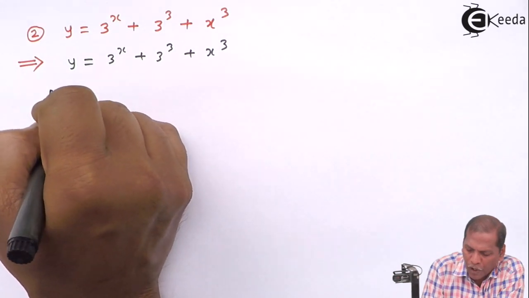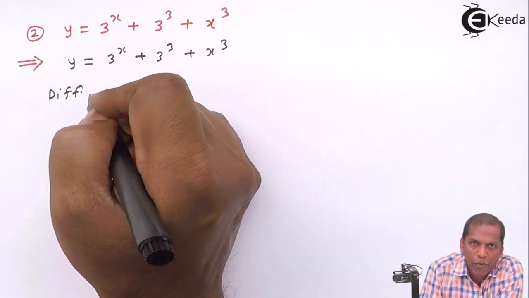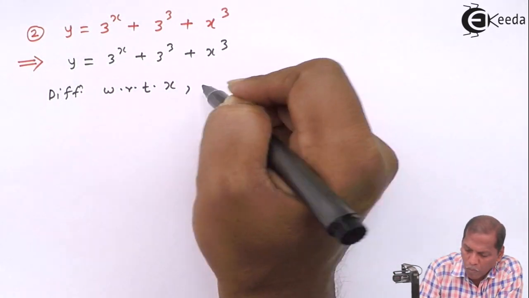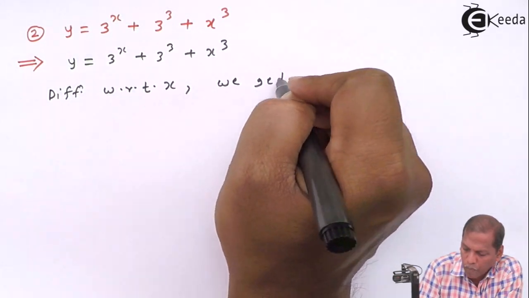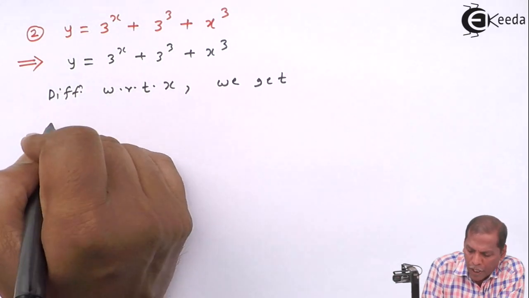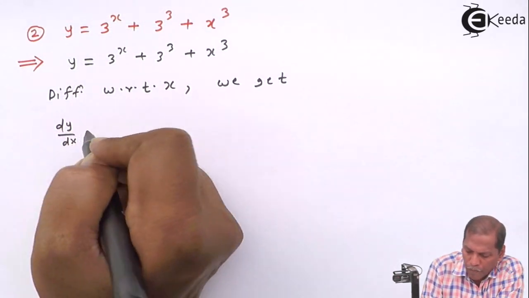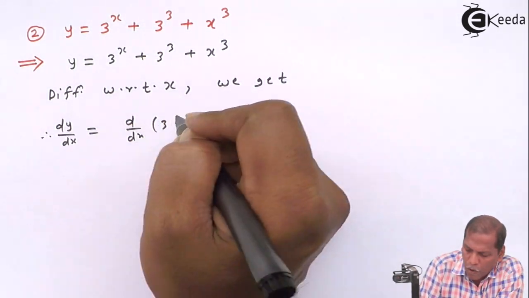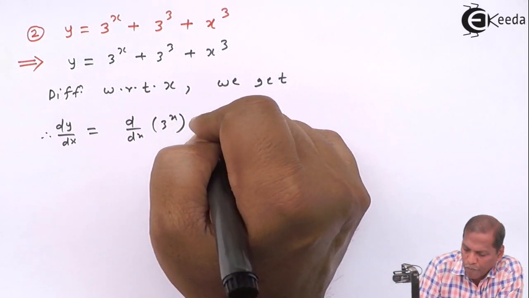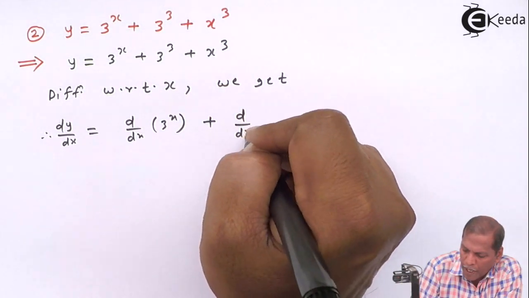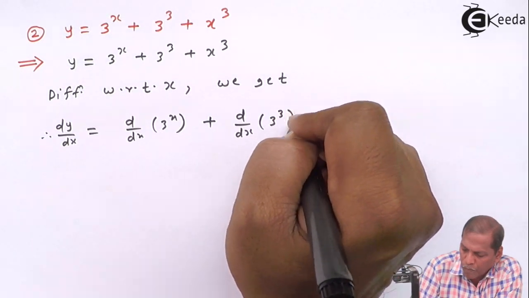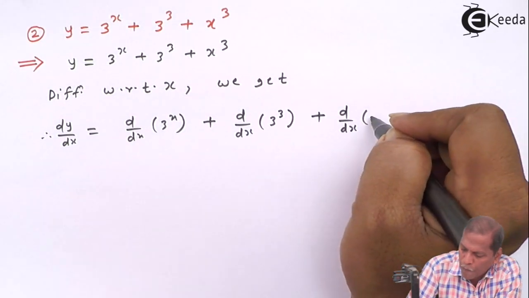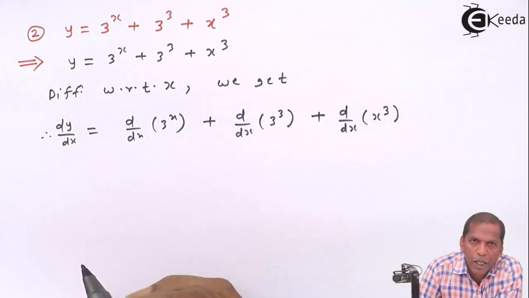Now differentiate this function with respect to x, we get the derivative of y, dy by dx, is equal to d by dx of function 3 raised x plus d by dx of function 3 raised 3 plus d by dx of function x raised 3.